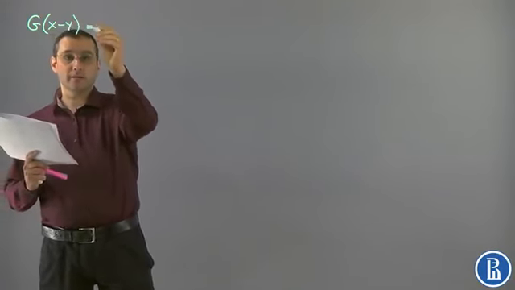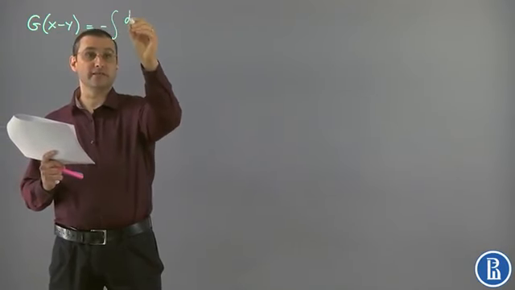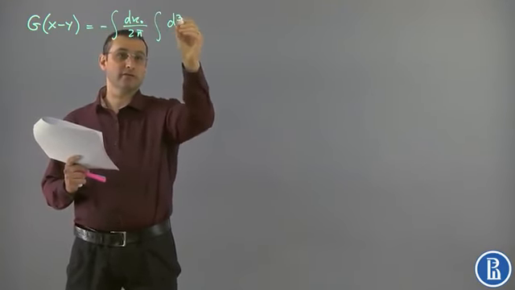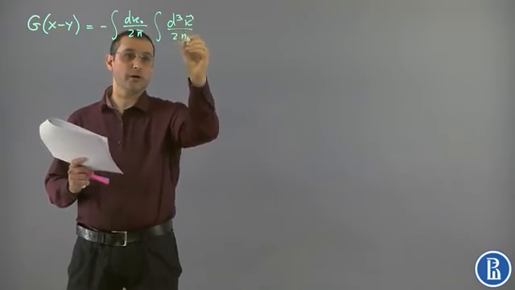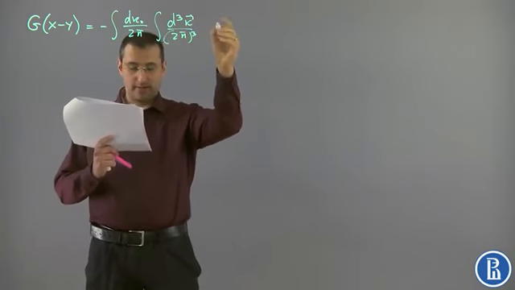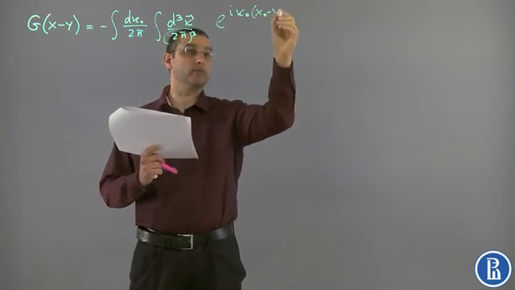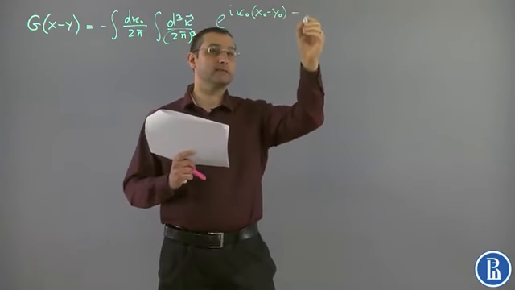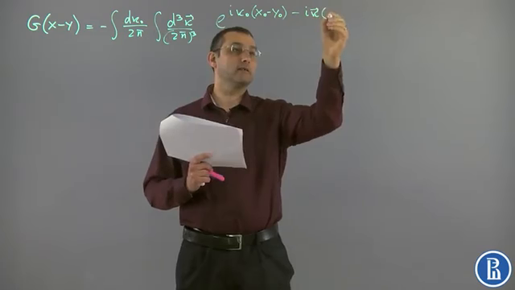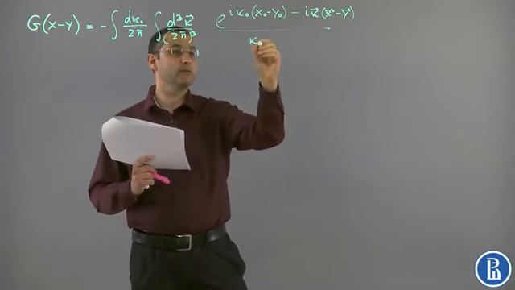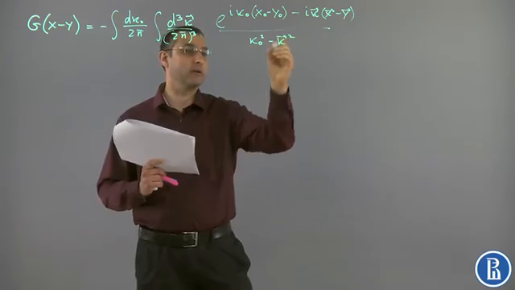So we have to calculate this integral, G(x minus y), which is minus the integral dk0 over 2 pi, integral over d3k over (2 pi) cubed, of exponent of i k0 (x0 minus y0) minus i k vector dot (x minus y), divided by k0 squared minus k vector squared.